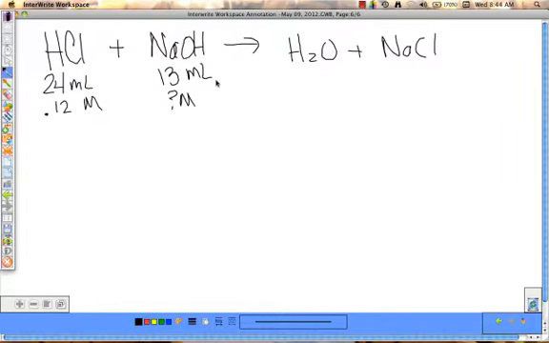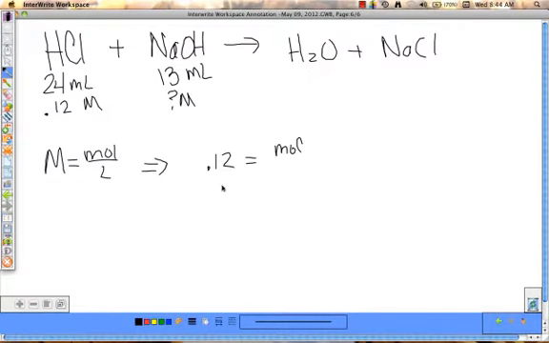So what do we do? We're going to use molarity equals moles over liters, so we'd have 0.12. We're looking for our moles, because once we know the moles of hydrochloric acid, we can calculate how many moles of sodium hydroxide it took to neutralize.